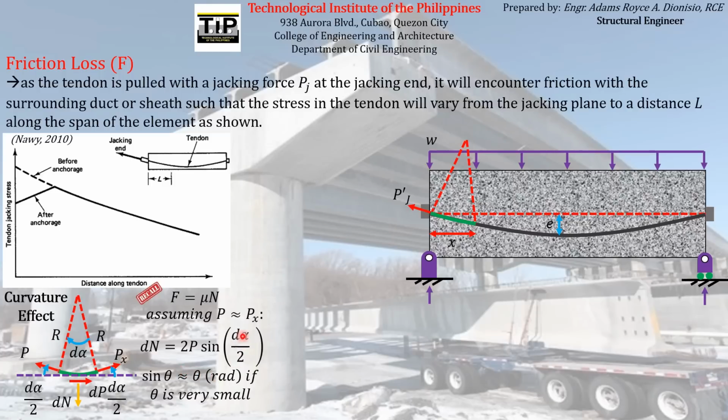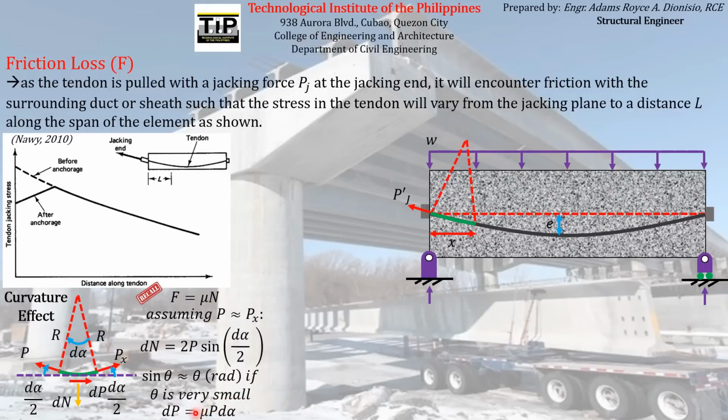So we can say that sine d alpha over 2 is just equal to d alpha over 2. And cancelling 2, we can have a final equation if we substitute that corresponding normal force to this equation.